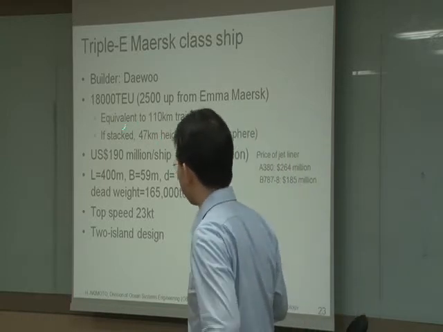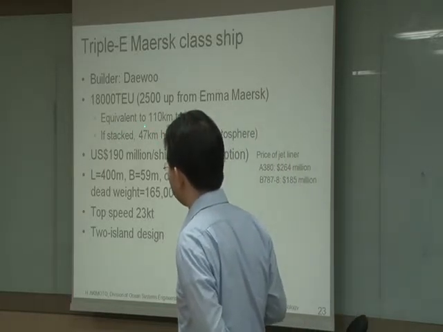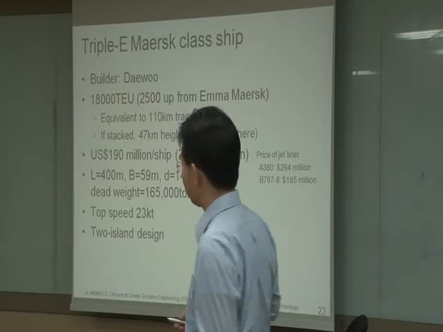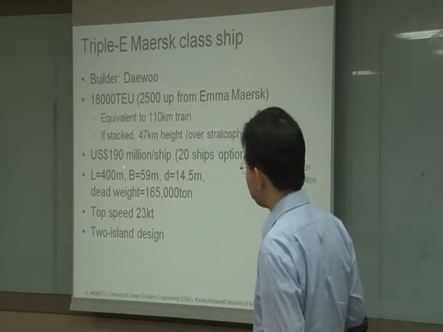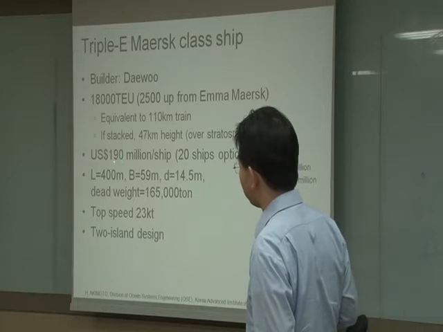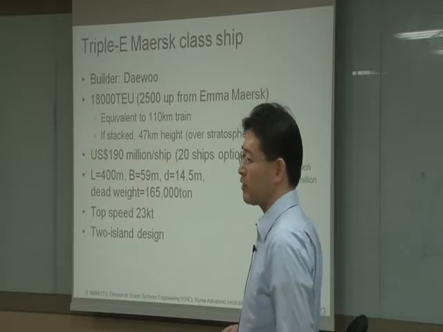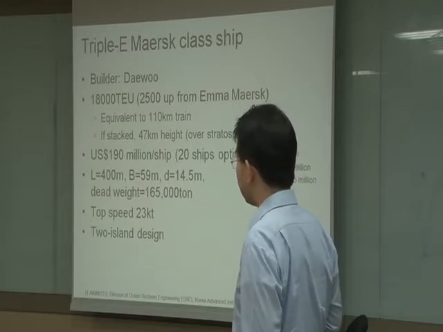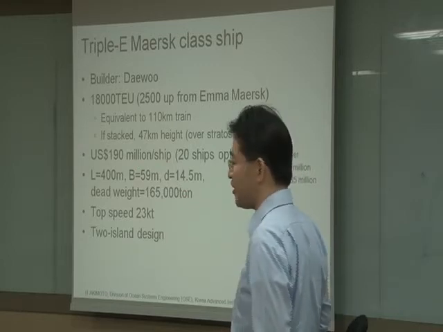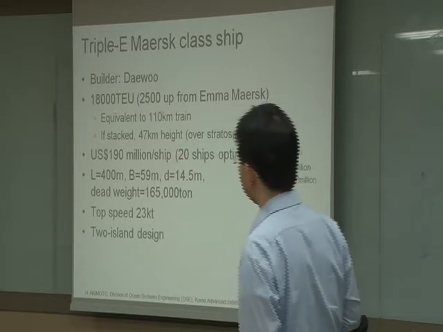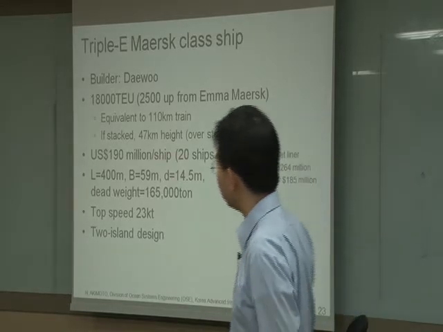Well, anyway, they want to emphasize its capacity. And the price, I think it is very important to Korea: $190 million US dollars per ship. I think it is not imaginable in your ordinary money.